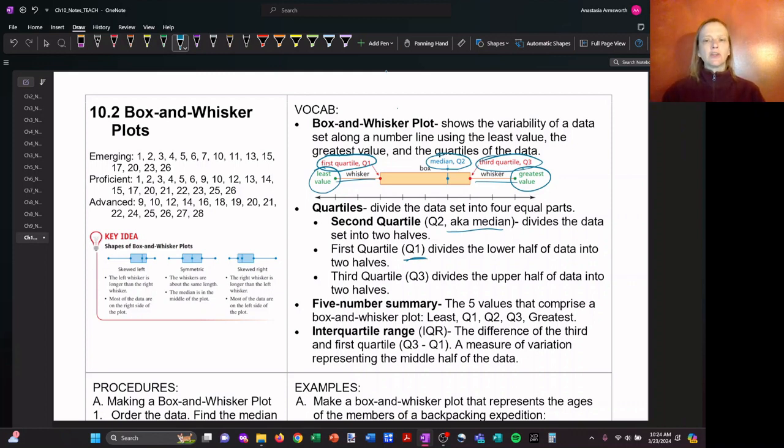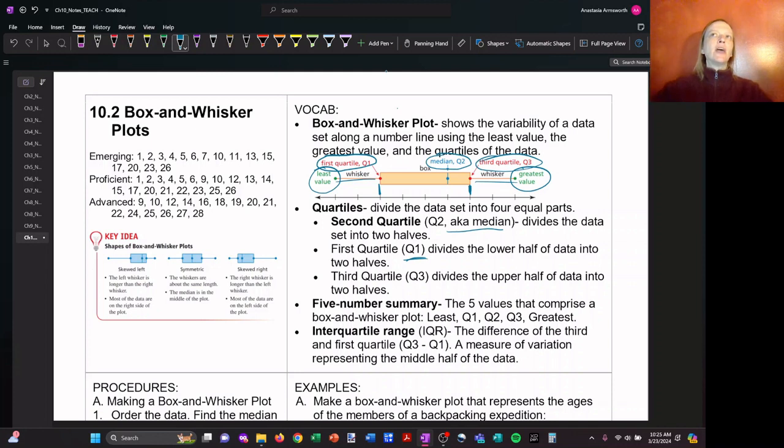Later on in this chapter, we will talk about the interquartile range. Last section, we learned about how the range was just the largest value minus the smallest value. But we'll see today that sometimes those largest and smallest values are very extreme. Another way to measure the range of data is to look at the interquartile range, the difference between the Q3 value and the Q1 value.